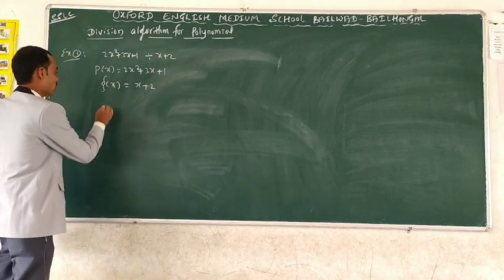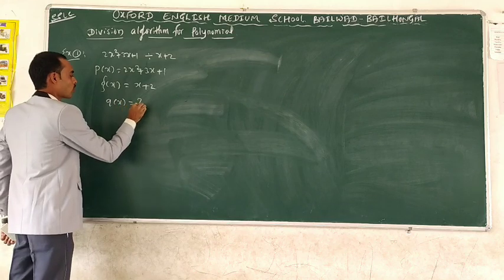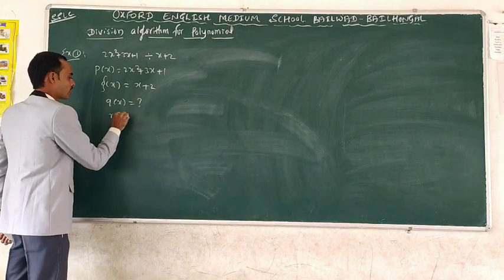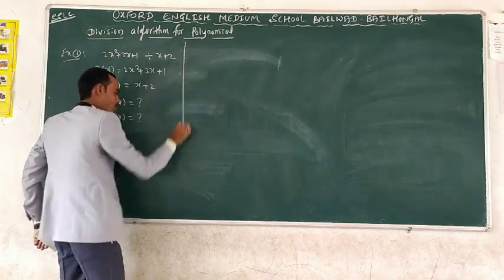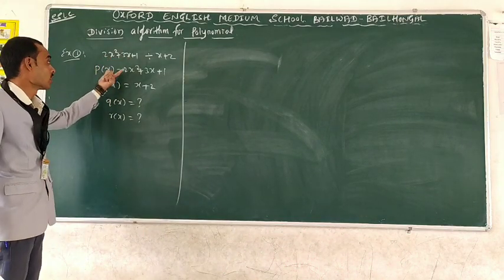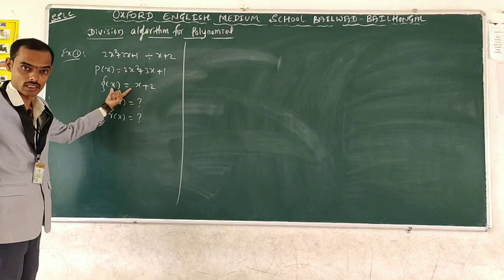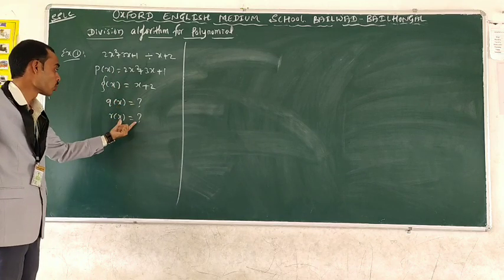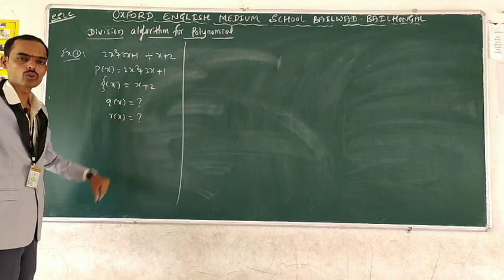We have to find q of x and r of x. They have given the dividend and divisor, and we have to find the quotient and remainder. How to solve this?